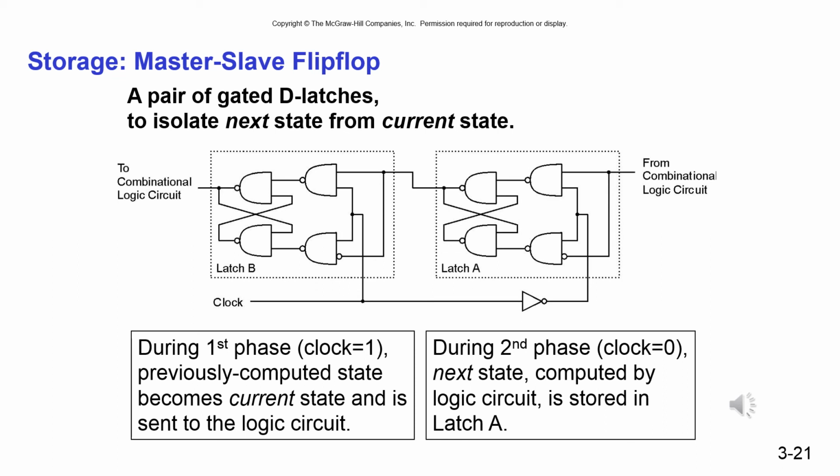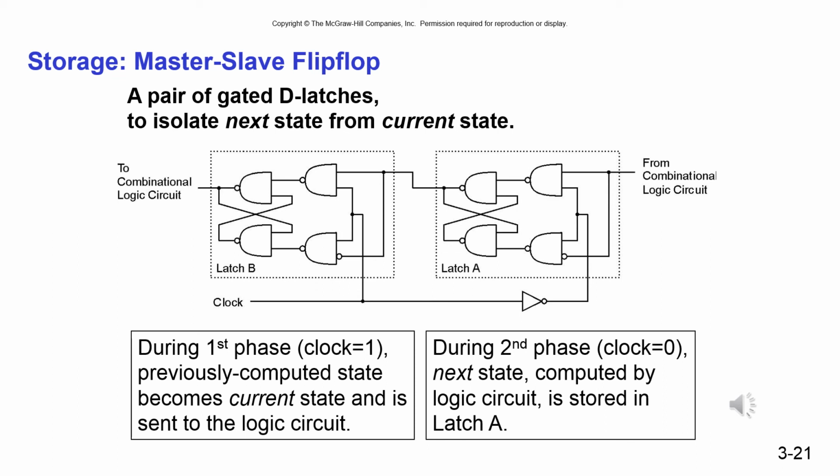So during the first phase, when the clock is 1, we have the previously computed state, which was sent from the combinational logic circuit on the right into latch A, sitting there.